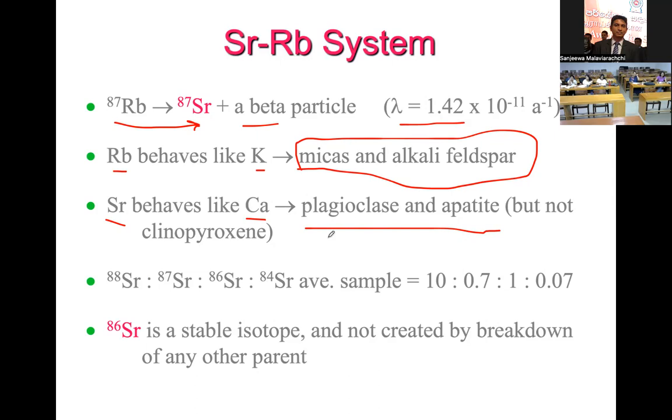So strontium is very compatible with plagioclase and apatite, right? But remember, clinopyroxene can take some strontium, of course, because calcium is there in clinopyroxene, but not as much as plagioclase or apatite. Okay, but still it's possible.